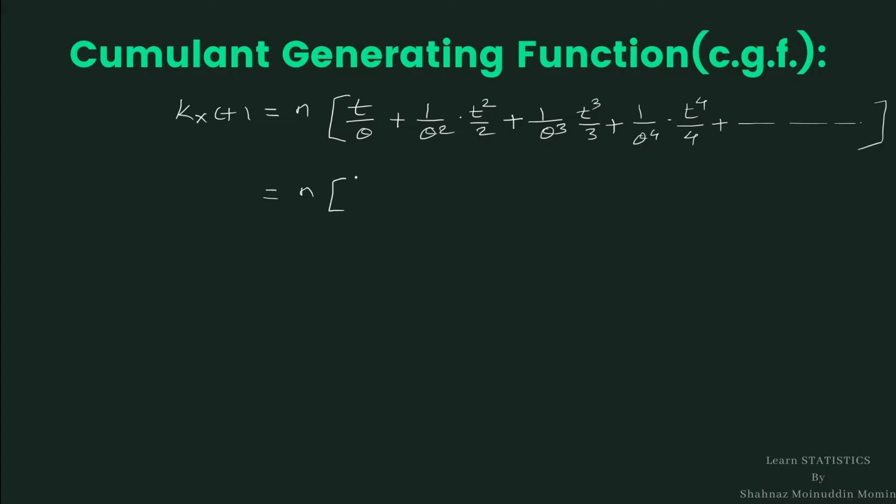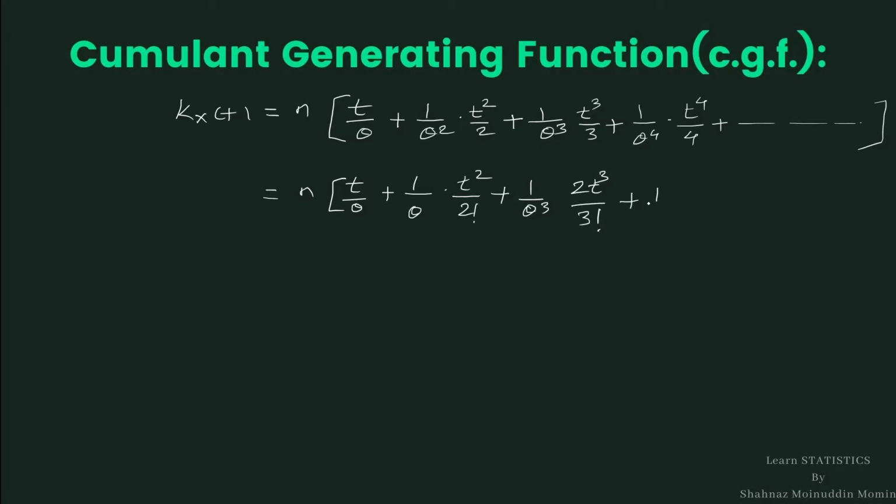In the above expression, I will adjust the factorials in order to obtain the cumulants more easily. Like this, the first term is t by theta, plus 1 by theta square into t square by 2 is nothing but 2 factorial, 1 upon theta cube. In the third term, I will adjust the 3 factorial in the denominator, means I have to write 2 t cube divided by 3 factorial.